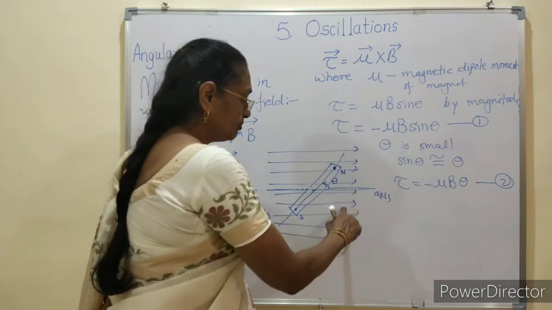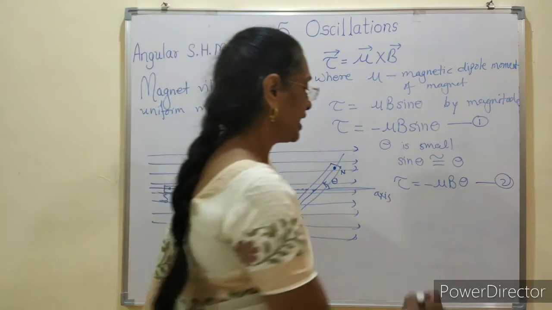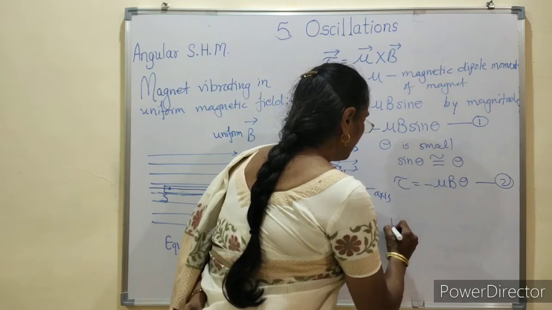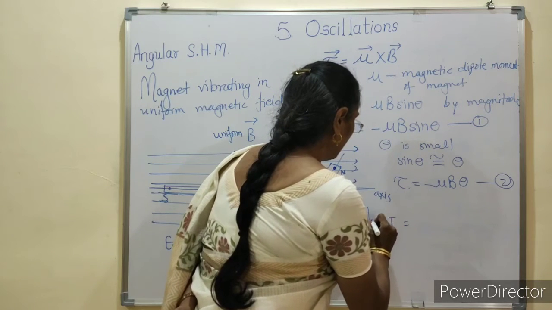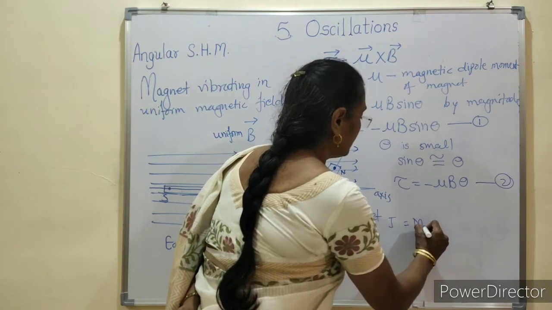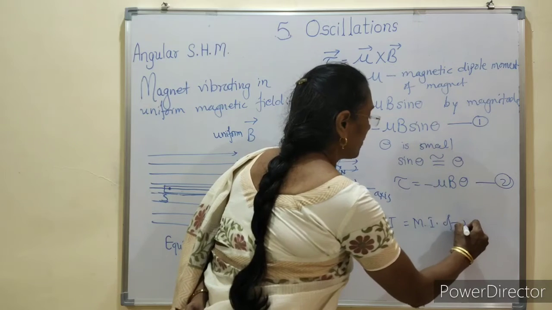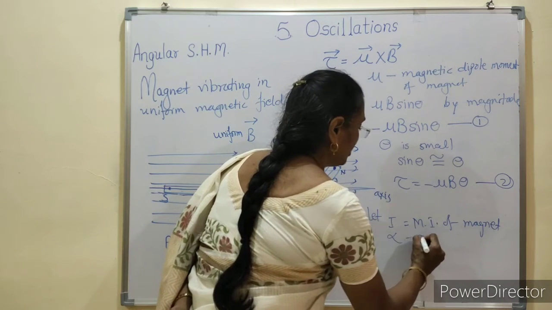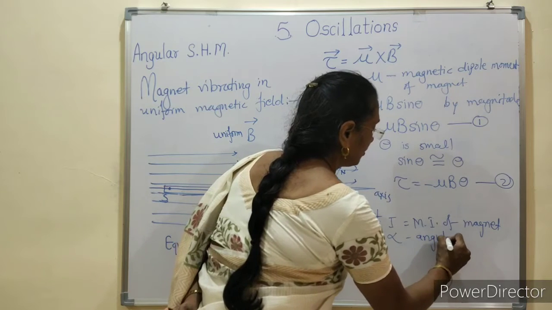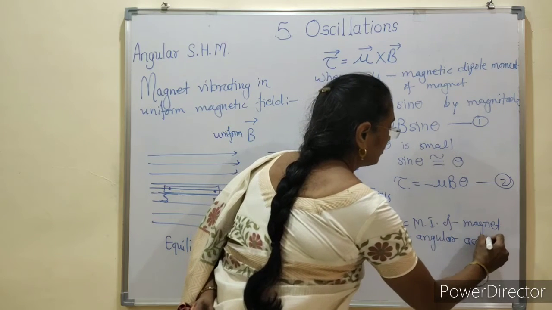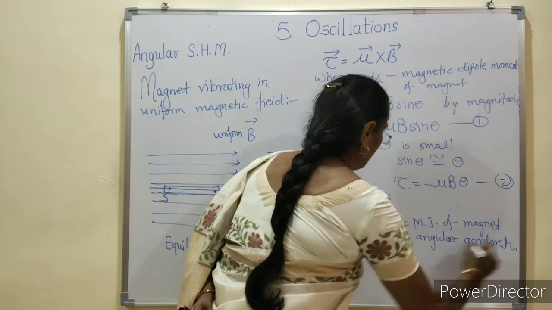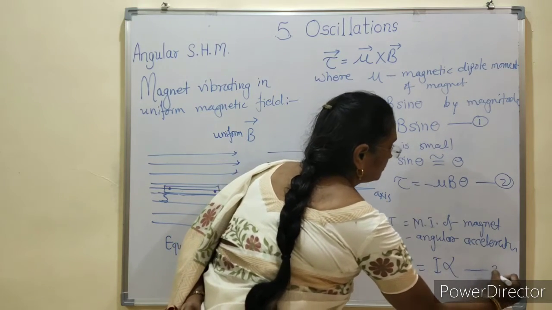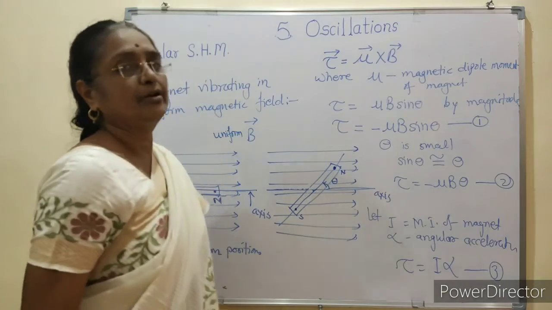Now, as the magnet is vibrating, it has angular acceleration. Let I be the moment of inertia of the bar magnet and alpha the angular acceleration. Then we can write tau is equal to I alpha. This is equation 3.